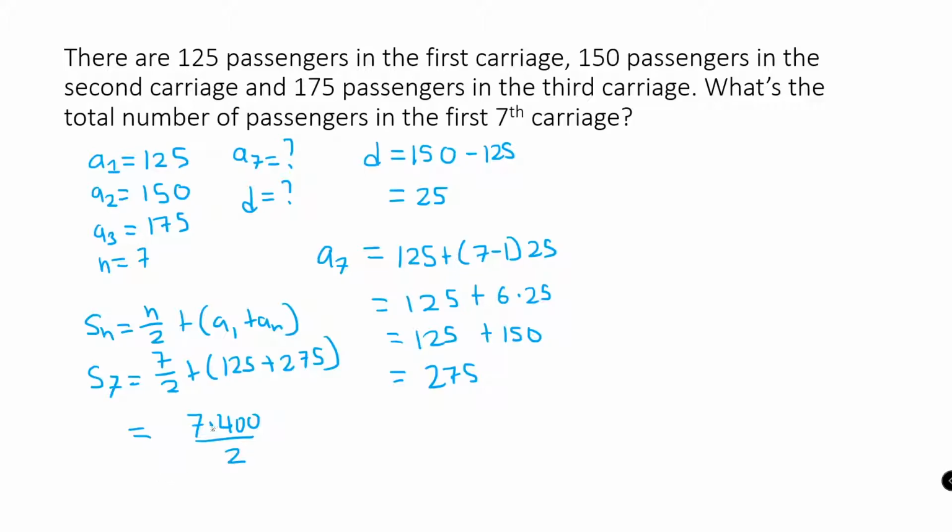So this will be equal to 1400. So we now know that the total sum of the passengers in all the carriages is equal to 1400 passengers. So now we know how many passengers there are, so this is how you do this problem. This will be my last problem, so thank you for listening.